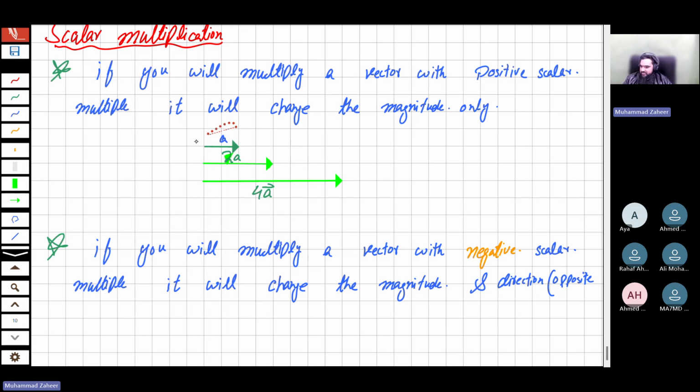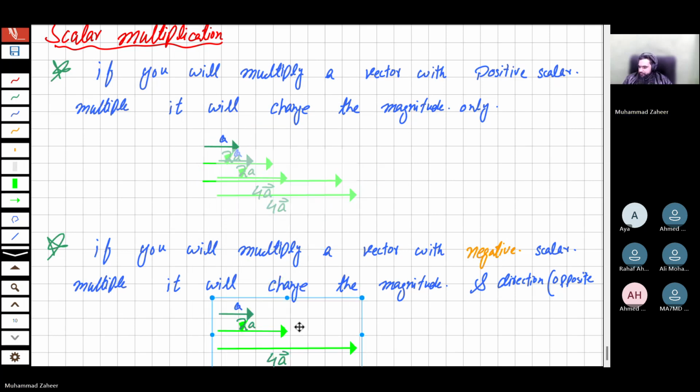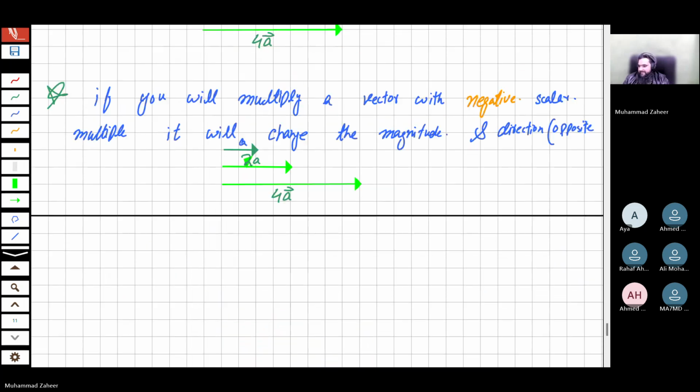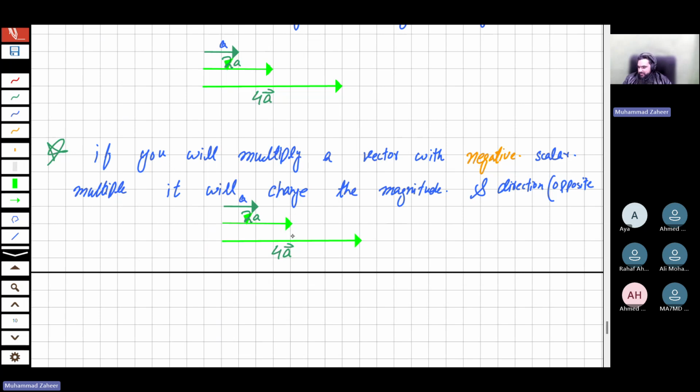For example, taking the same example, the same direction but in this case it will be negative 4. It is going to look like this. In the same way it is minus 2. If it is minus 2, the magnitude is going to be double, as well as the direction will be the opposite direction.